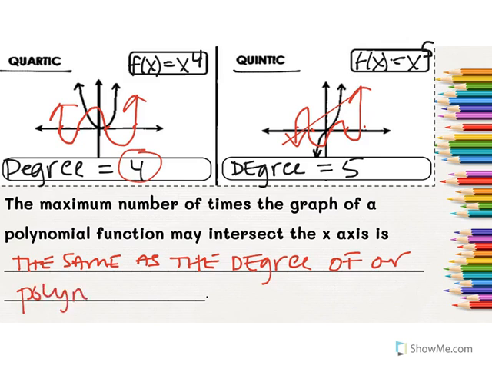And that's how we can determine how many times it crosses the x-axis, which would mean our zeros, our intercepts, all those roots, that's all the same words there. So that's the same as the degree of our polynomial.